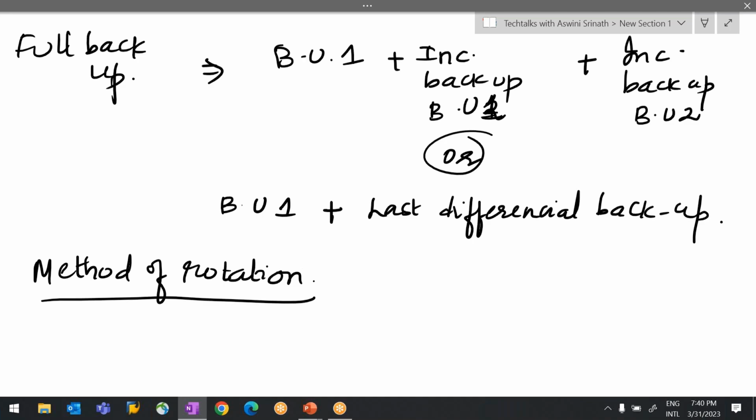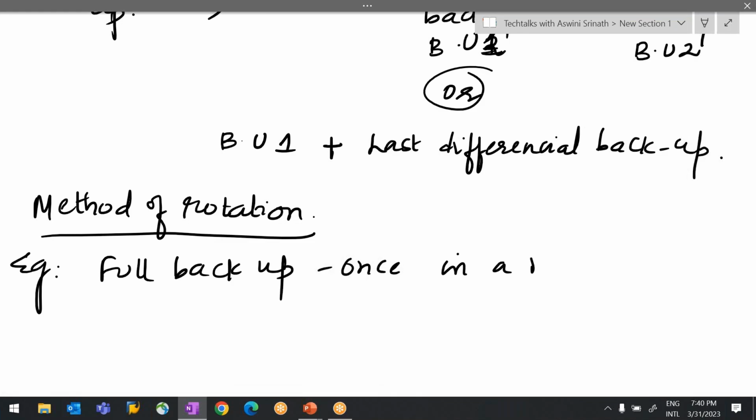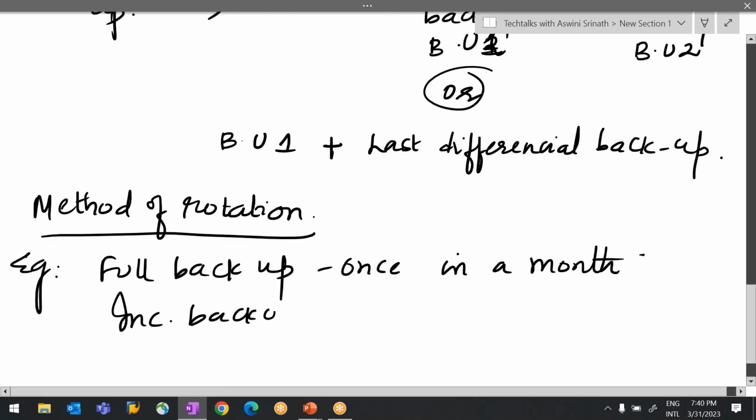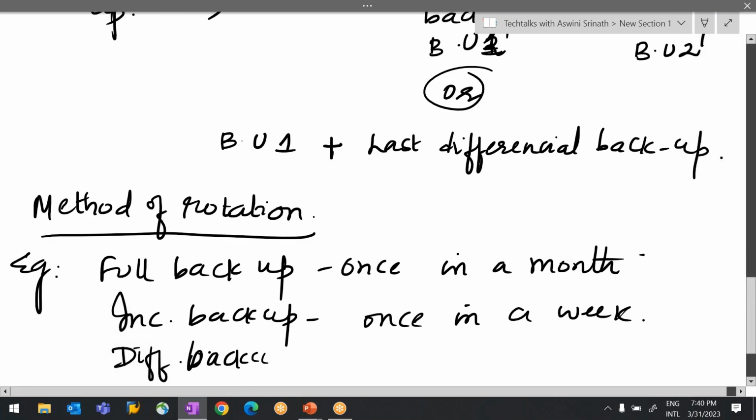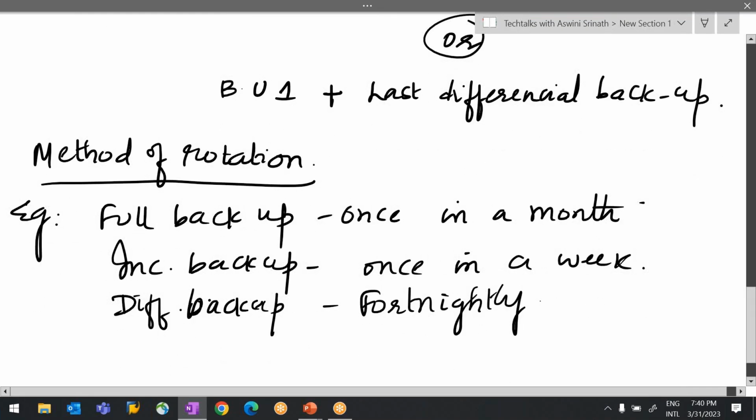For example, they can follow full backup once in a month, incremental backup once in a week, differential backup fortnightly, so that they can have a method of rotation of taking backup.